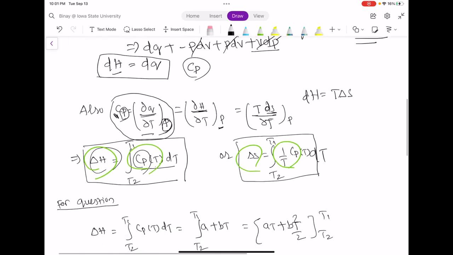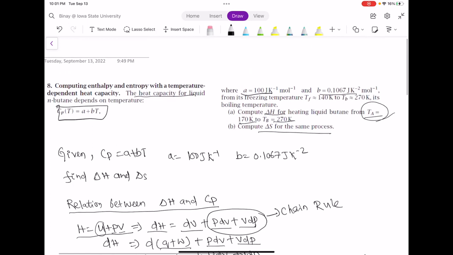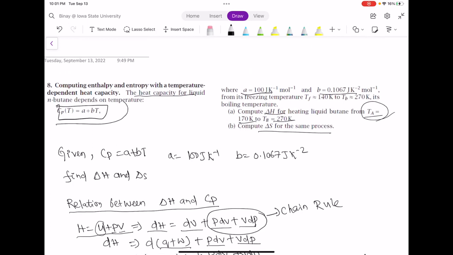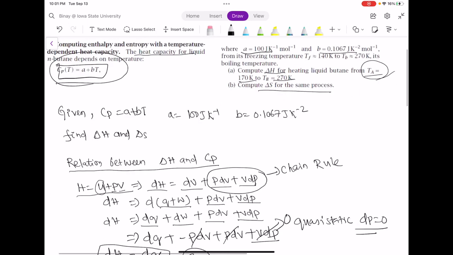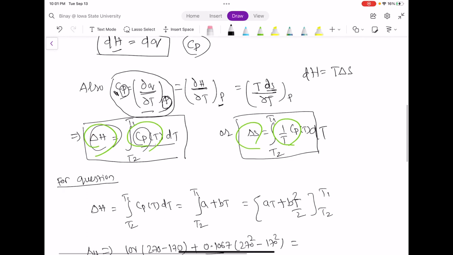Our question says Cp is given as a function of temperature, and we just have to integrate it. So delta H is always the integral of Cp dT, so that will be the integral of (A plus BT) dT, that will be AT plus BT square upon 2 from T1 to T2.